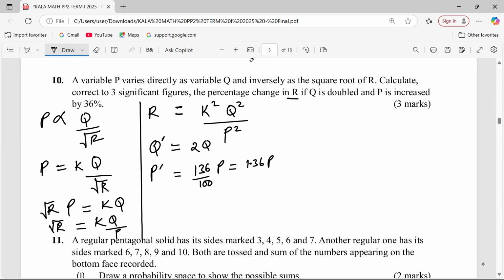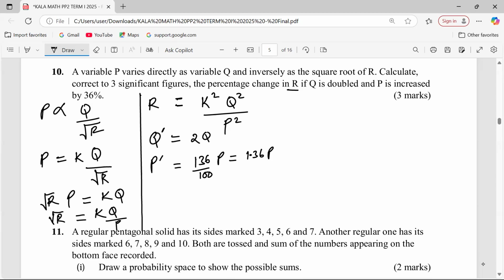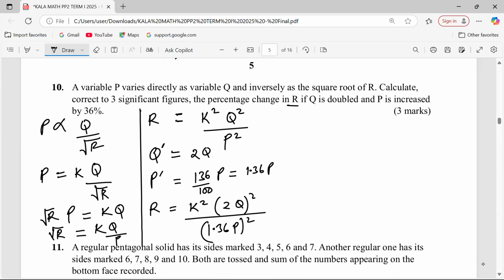What about the new R now? The new R shall be K squared, then the new Q squared, 2Q squared, out of 1.36P, also squared.